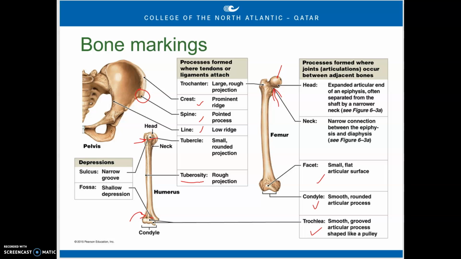So at the bottom of the femur and at the bottom of the humerus, you're going to find condyles. And then we also have the trochlea. These are going to be areas that are rounded, and they kind of look like a pulley, and they serve a function in terms of making a joint a little bit more efficient. So those are different bone markings, depressions, and processes.